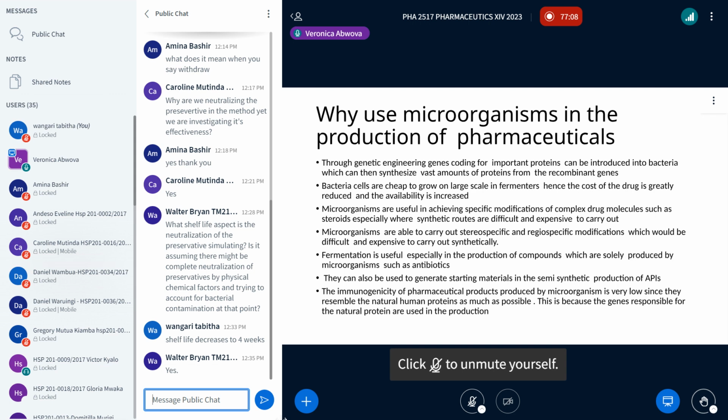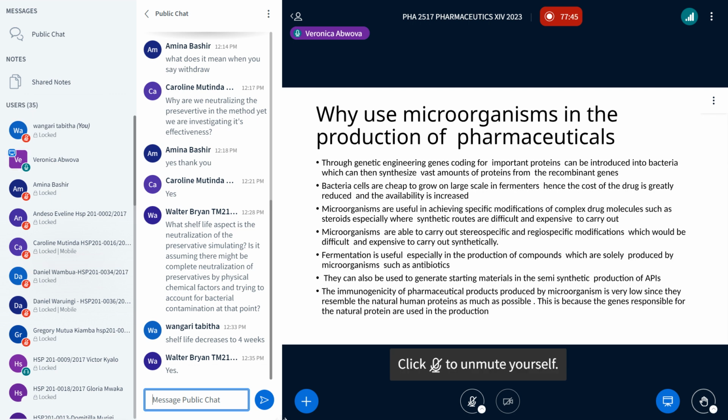But now with the use of microorganisms, they are cheap. So that means even the cost that is being passed to the patient is quite low. So that's why we are saying that the cost of production reduces with the use of microorganisms. It's important for you to note that.